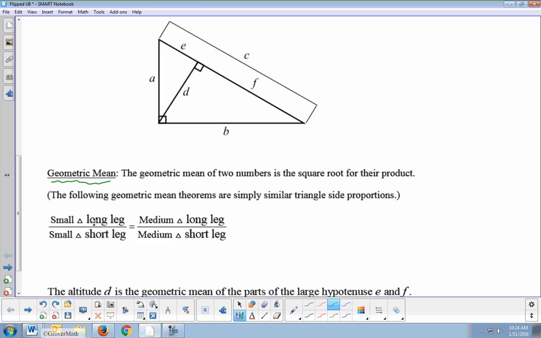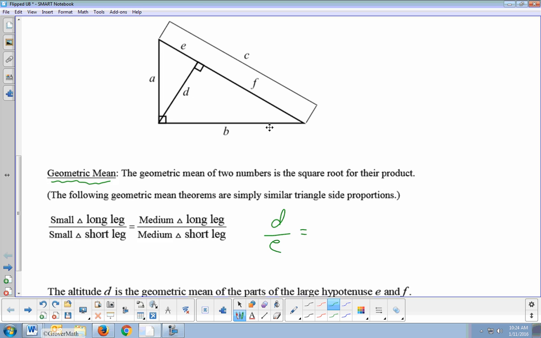So if I do this, small triangle, long leg. Here's my small triangle. This is my hypotenuse, short leg, long leg. That would be D. And then small triangle, short leg would be E. And that's going to be proportionate to the medium triangle, long leg, short leg.